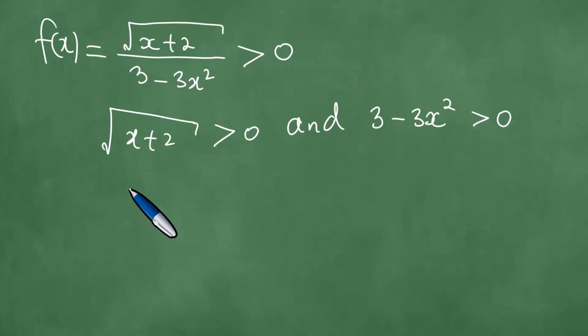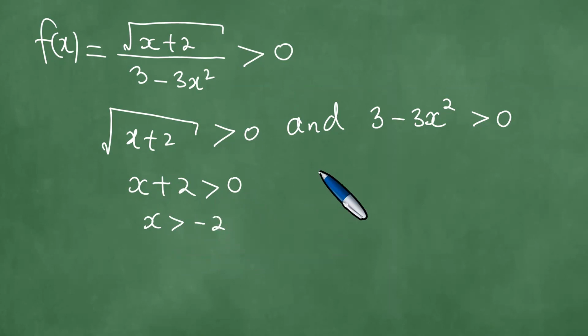Now, this square root being strictly greater than 0, a couple of things can be done, but most importantly, it follows that x plus 2 is greater than 0 either way, so that x is bigger than minus 2.